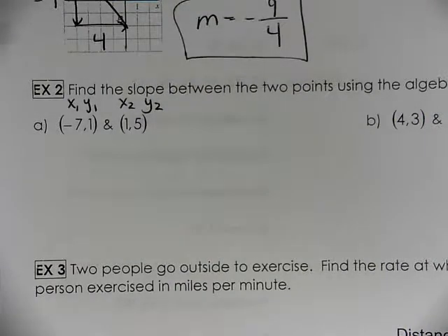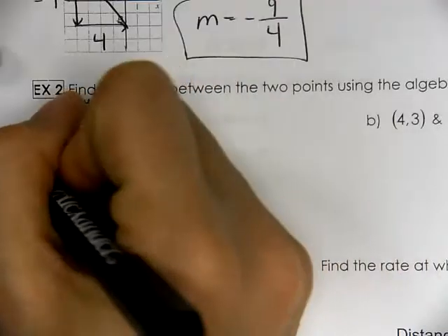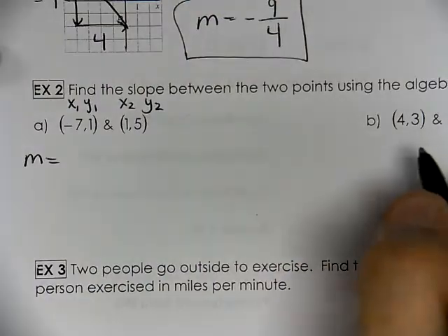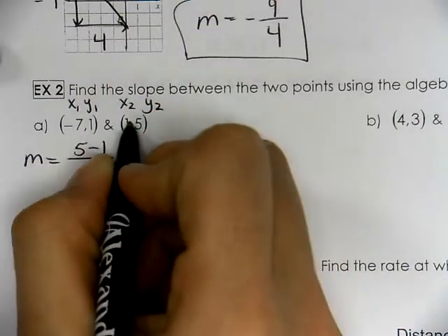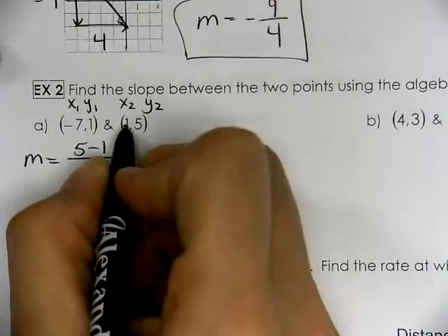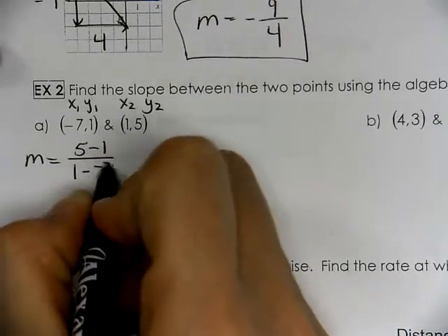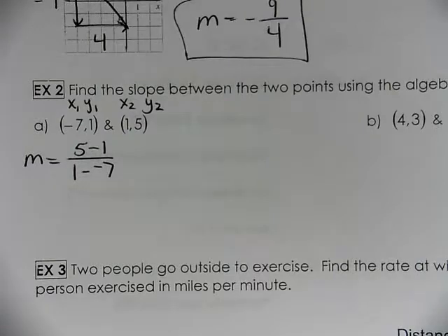You don't have to label, but it comes in handy. So the slope here is going to be y2 minus y1, 5 minus 1, over x2 minus x1, 1 minus a negative 7. On your homework tonight, I should see that when you have 2 points.